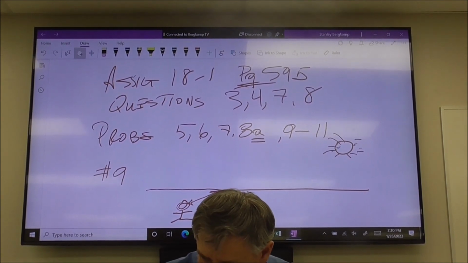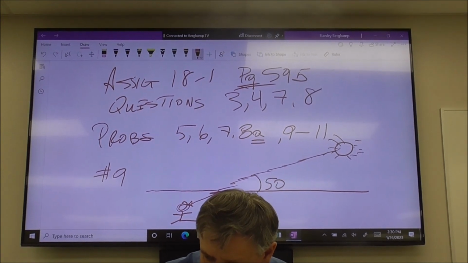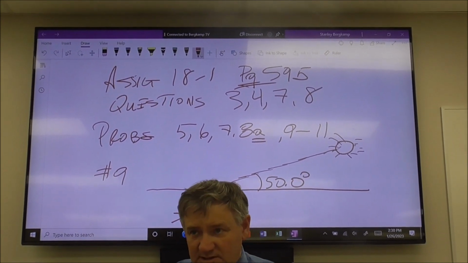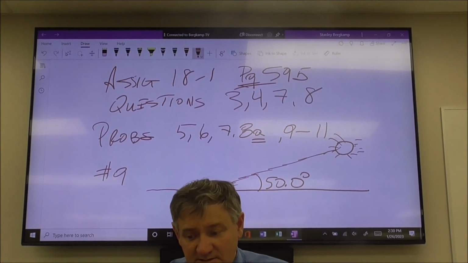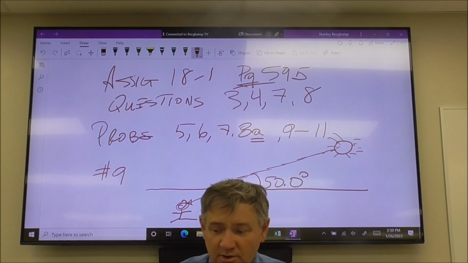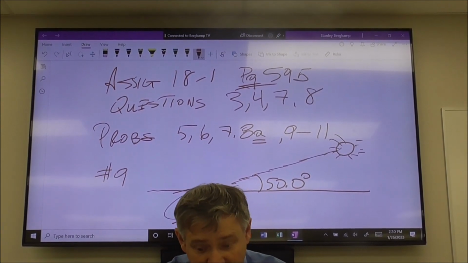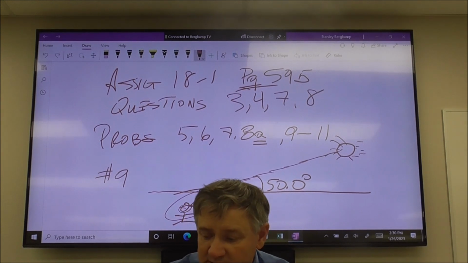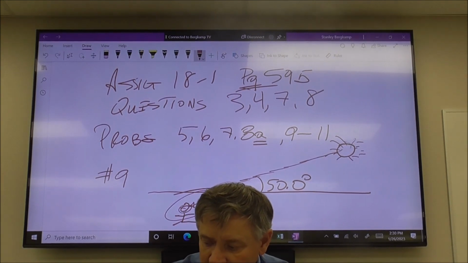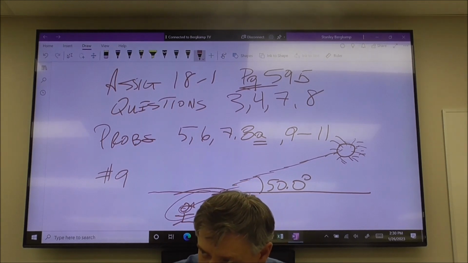So according to him, when he sees this light, this is 50 degrees above the horizontal. Imagine he's down here, below the water level. You're going from water, and you're going to have to go back and reference those indexes of refraction. To him, it looks like the sun is 50 degrees above the horizon.